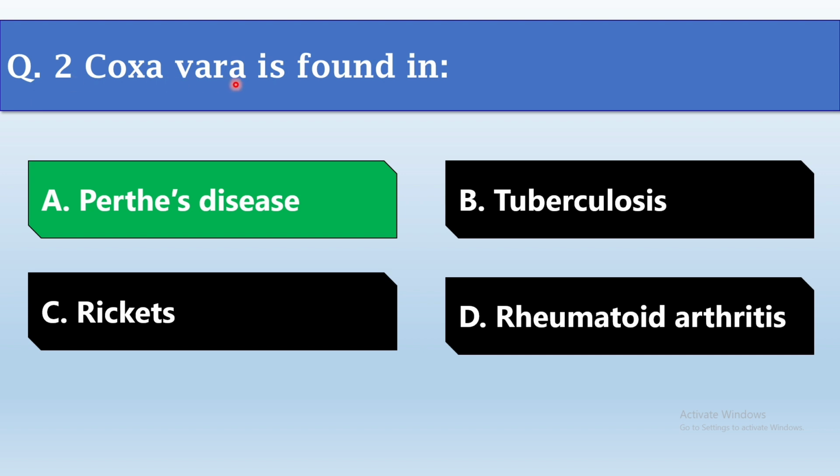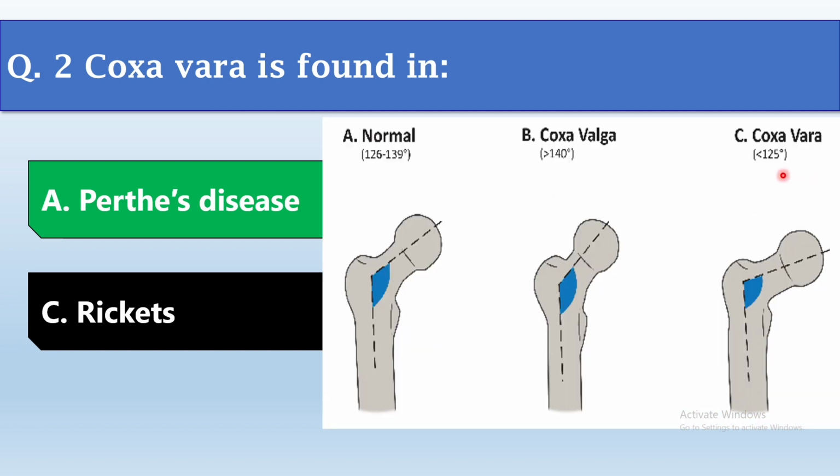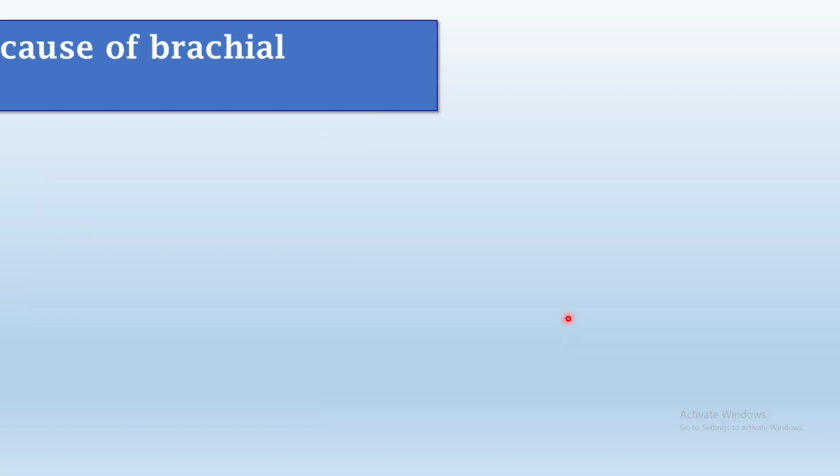What is coxa vara? Coxa vara is a decrease in the femoral neck shaft angle below the normal range. So what is the normal range of the femoral neck shaft angle? It is 140 degrees. Coxa vara decreases the femoral neck shaft angle below 125 degrees or below 120 degrees.